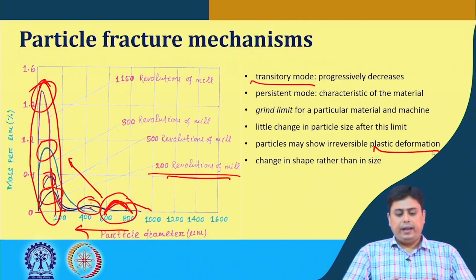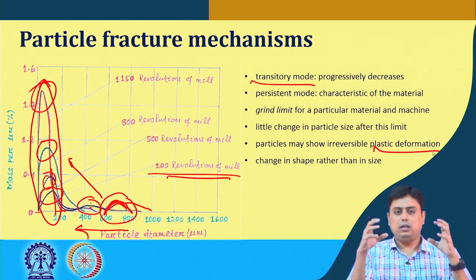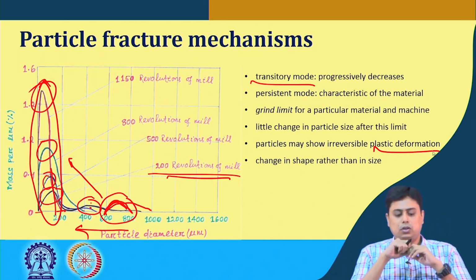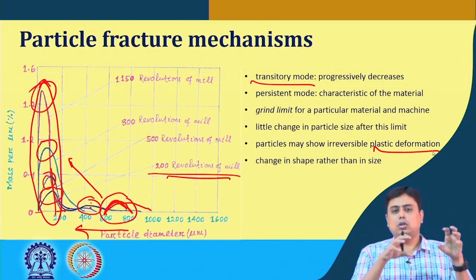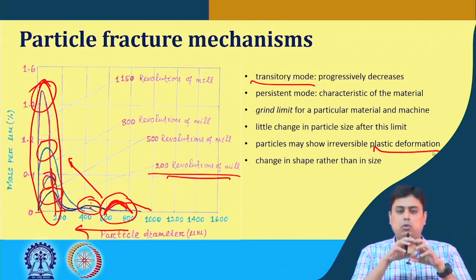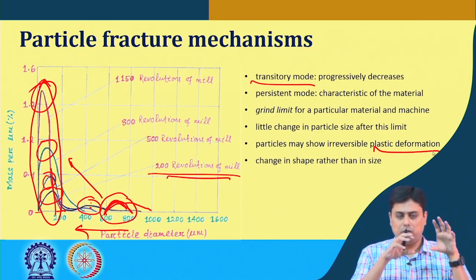So, this is a kind of a common process that has been seen when we go from a size reduction from a big rock to coarser particle, intermediate particle and fine particle. So, with increasing force or the impact, we have two modes of size distribution. The first mode that comes we call the transitory mode, and the second one is the persistent mode, because it remains, because it is the characteristic of the material.